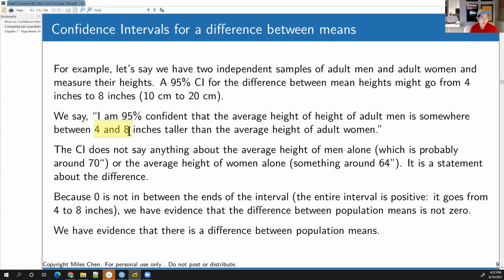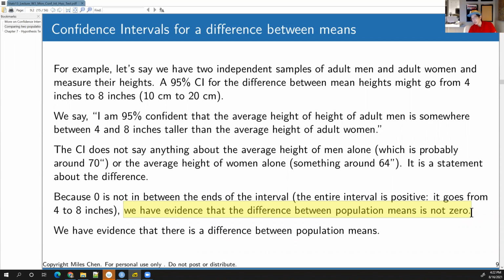It goes from 4 to 8, so 0 is not between the ends of the interval. The interval does not contain 0. And what that means is we have evidence that the difference between the population means is not 0. In other words, we have evidence that the height of the average man is not the same as the height of the average woman.